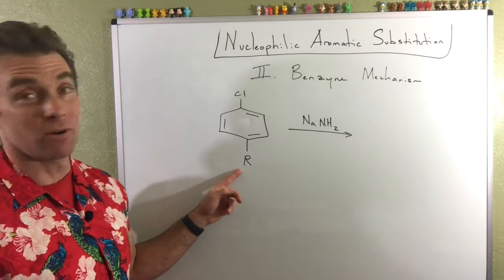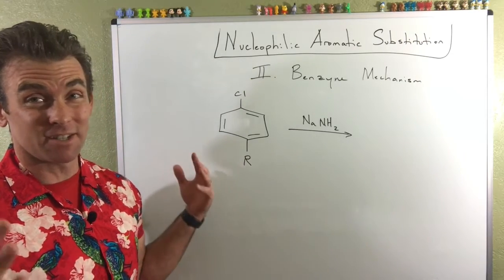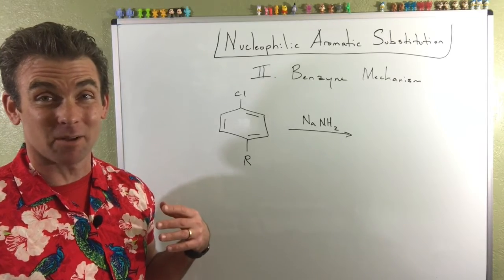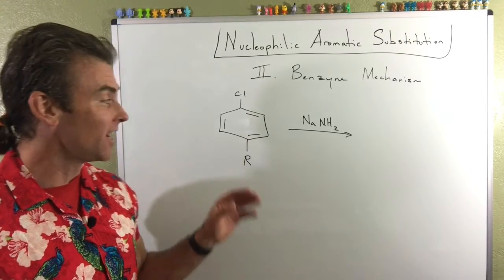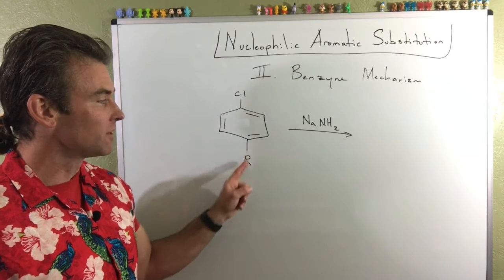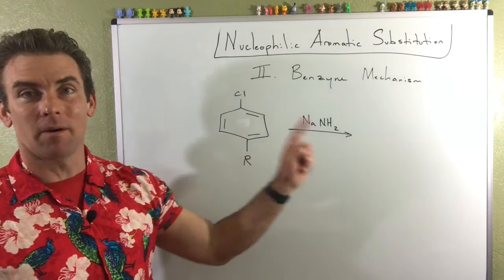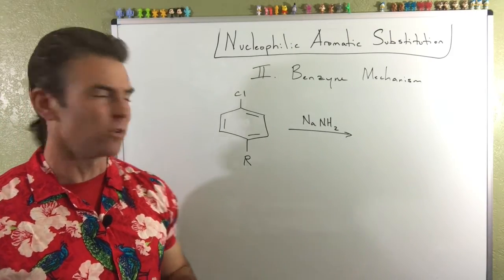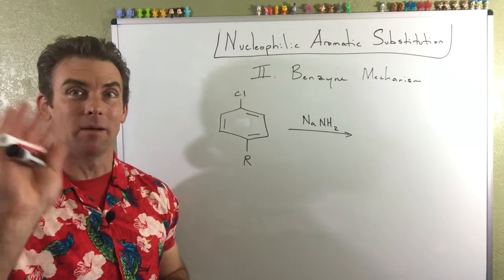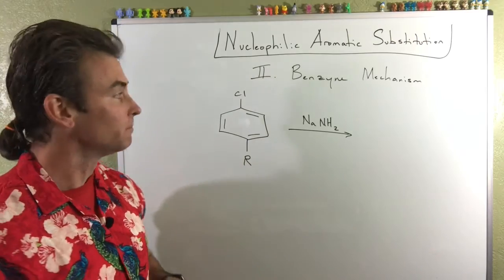In fact, I just put an R group here, and R is just general. I'm not saying it has to be electron withdrawing. I'm not saying it has to be electron donating. I'm just pointing out that I have something on this ring, and it's going to have some consequences for my product distribution in just a second. So this is really just me labeling a position. It doesn't actually have to be there.